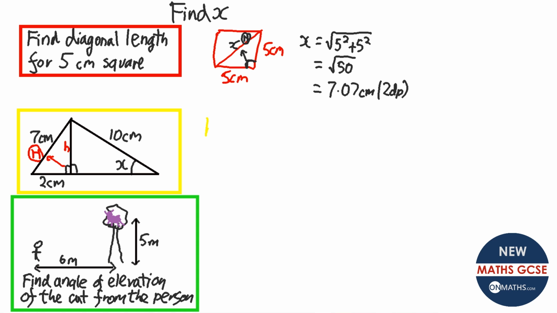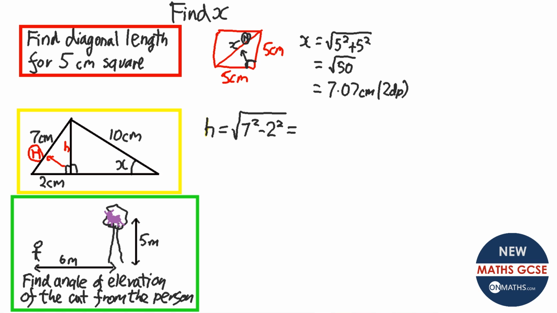So to find out h, we want to do the square root of, well, the hypotenuse is 7, so 7 squared. And because we're given the hypotenuse, we're going to take away 2 squared.